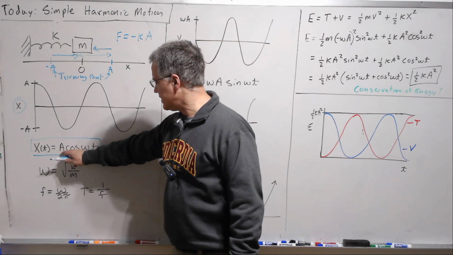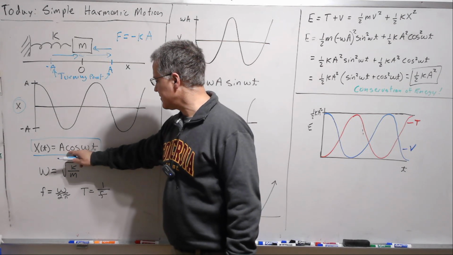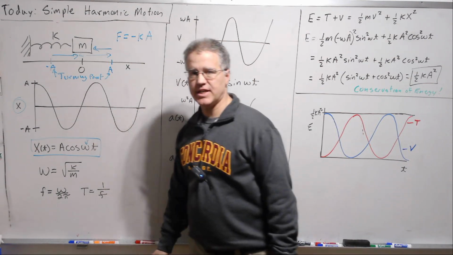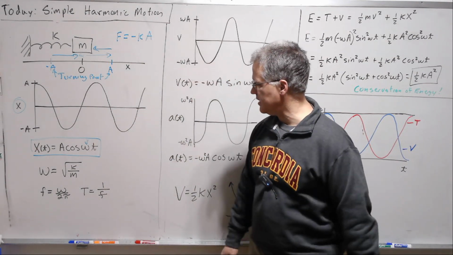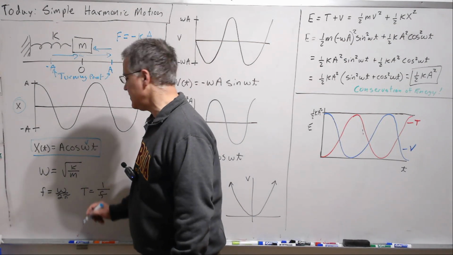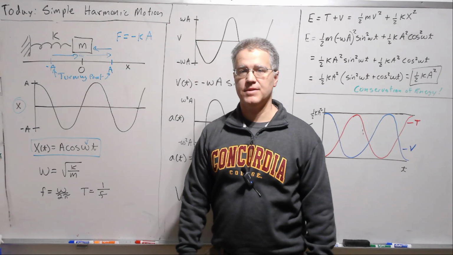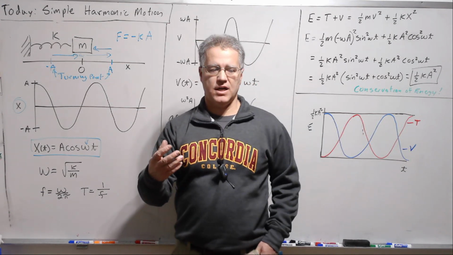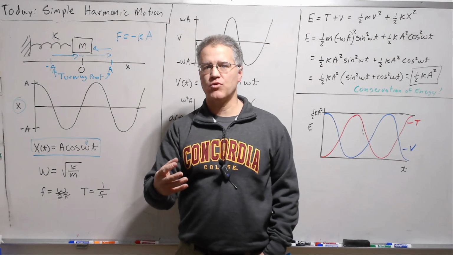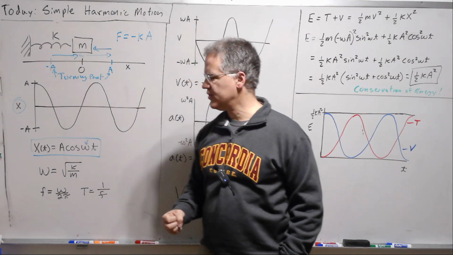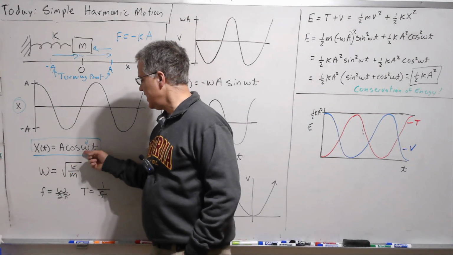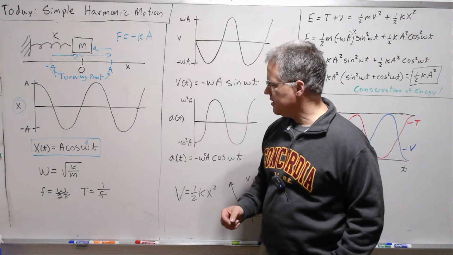So it's got an amplitude of A, cosine, and then omega is the particular circular frequency associated with this. It's related to the spring parameters K and M as the square root of K over M. So omega is a constant of the harmonic oscillator, but it's not a new parameter. There's still just the two parameters, M and K, but oftentimes omega is convenient to use as it is here in this formula.